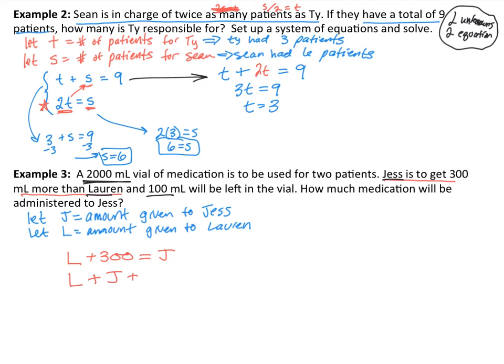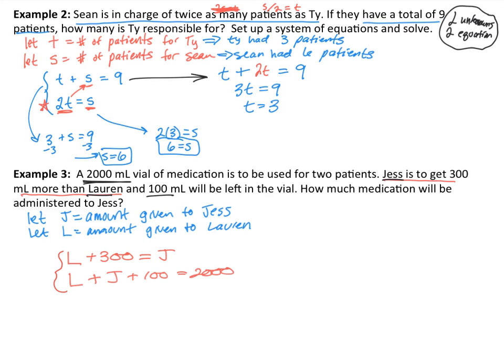So if I add that 100 to those amounts, that's going to equal my total. There's lots of ways that you could actually approach this problem, but this is how I thought about it. Let's give the amounts to Lauren, give the amount to Jess, and then I know 100 is left over. So if I add 100 to those 2 quantities, I'll have my total. And what I have here is a system of linear equations.